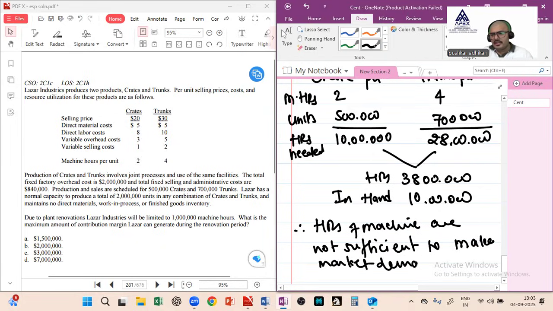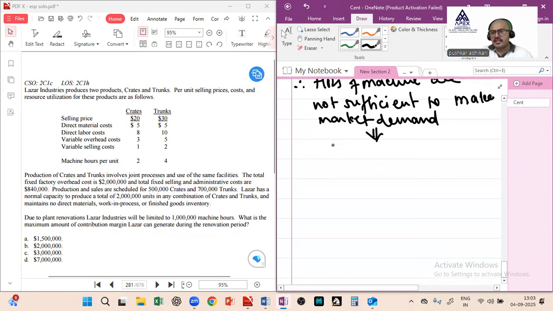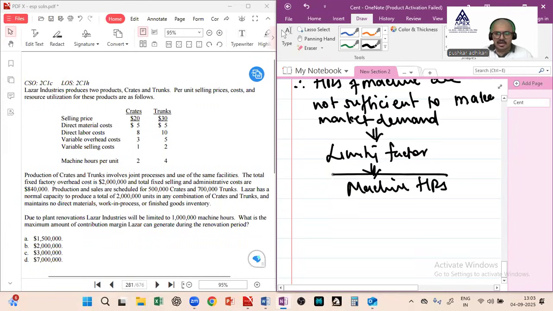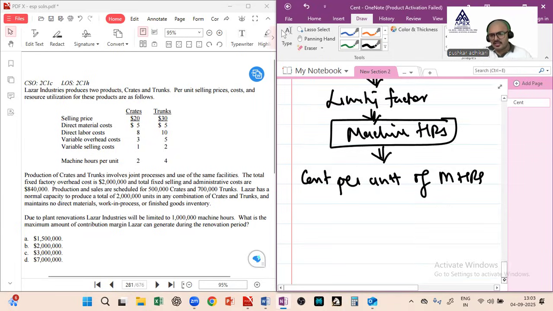So the company is going to suffer. This is a question of limiting factor. What is the limiting factor? The limiting factor is machine hours. How do you solve a limiting factor problem, sir? We calculate the contribution per unit of limiting factor. So contribution per unit of machine hour is needed.